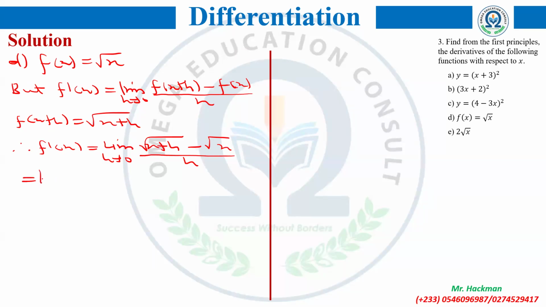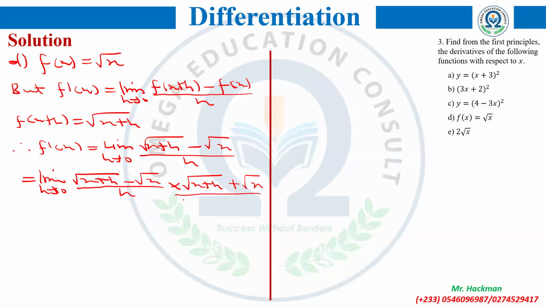So the limit as h approaches 0. One of the questions was of this form, the limit question, because I wanted you to know how to deal with this. So let's see. We are going to get root of x plus h minus root of x all over h, then times root of x plus h plus root of x all over root of x plus h plus root of x.